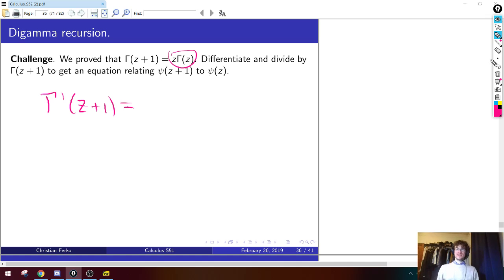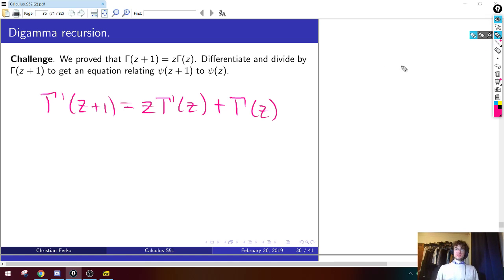Product rule much? Yes. Yeah, that's going to be z gamma prime of z plus gamma of z. Okay.